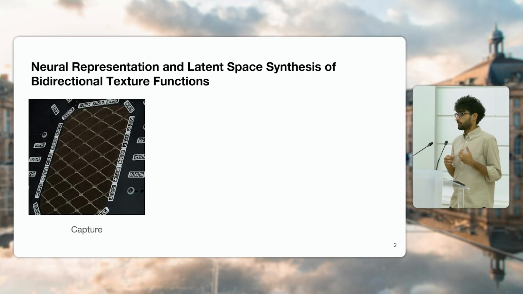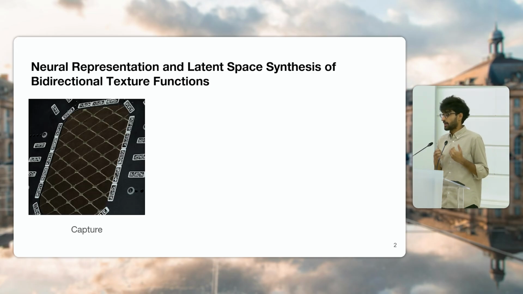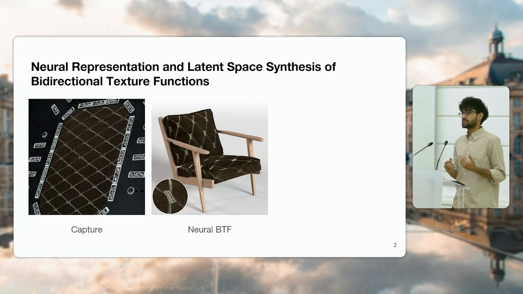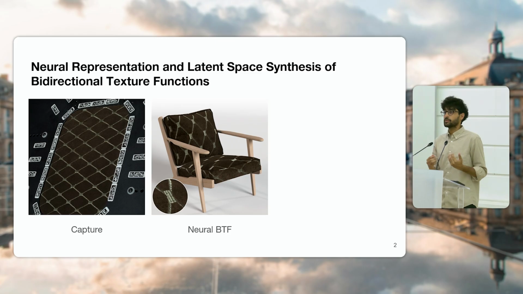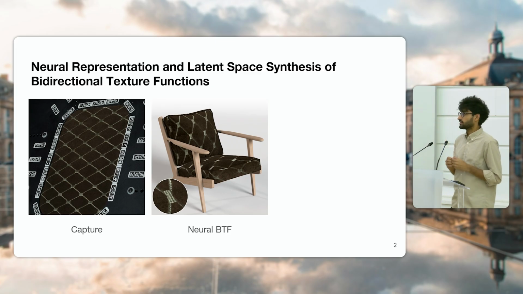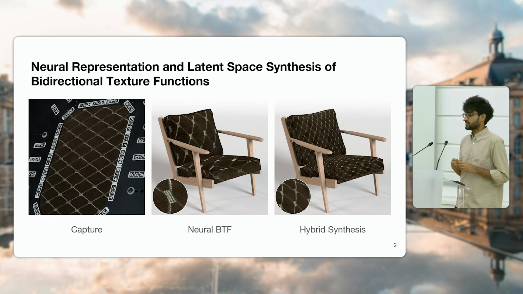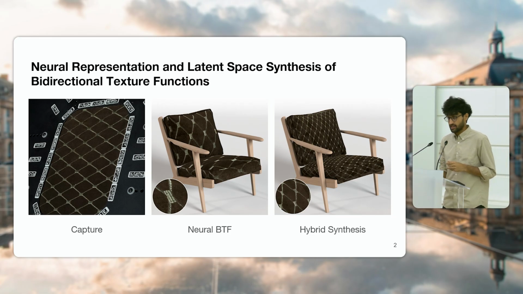First, we came up with a high-resolution BTF capture setup for complex real-world materials. Then we propose a compact neural BTF representation for accurate reconstruction and rendering. And finally, we invent a hybrid latent space synthesis approach for growing these captured materials into large, seamlessly tileable assets.